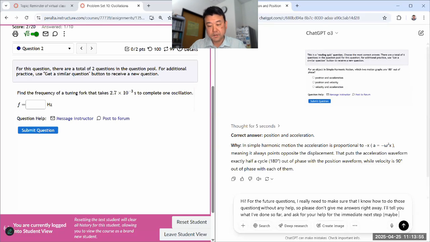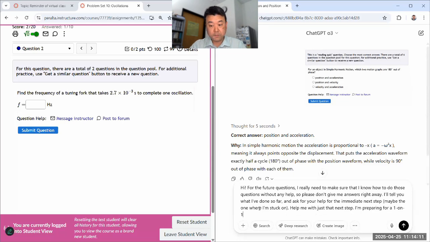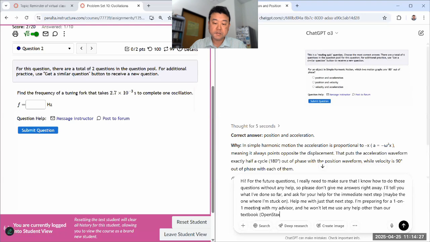Maybe the one I'm stuck on. Help me with just the next step. I'm preparing for a one-on-one meeting with my advisor, and he won't let me use any help other than our textbook, OpenStax University Physics Volume 1." And it'll acknowledge.